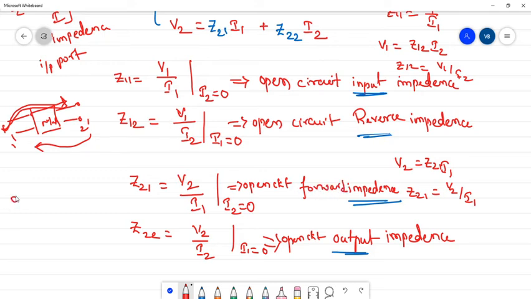Actually this is the reverse impedance and this is forward. Every time, to calculate the transfer function, we take output by input. Here we wrote input by output, so this is called reverse impedance, and here we wrote output by input, which is like a transfer function, so this is called forward impedance. And finally Z22, that is V2 by I2 at I1 equal to 0, called open circuit output impedance.